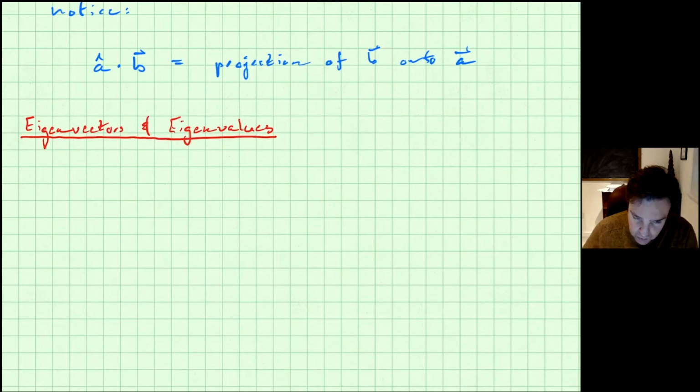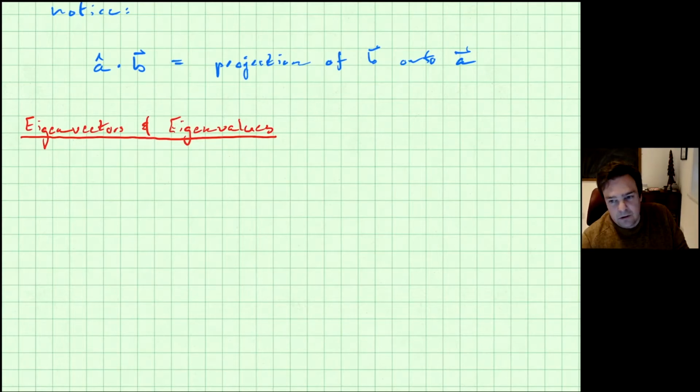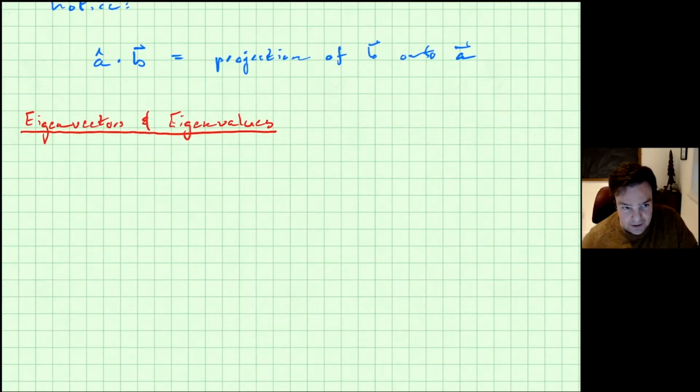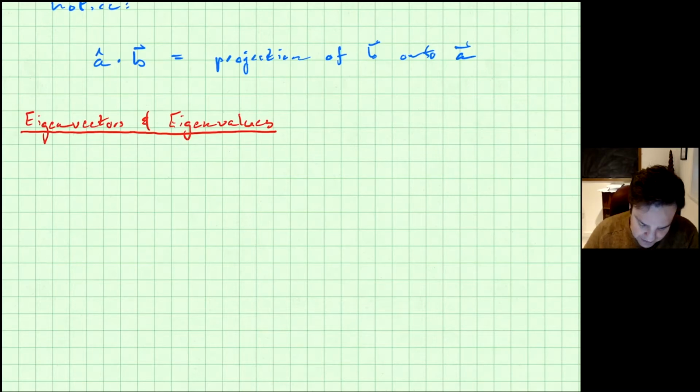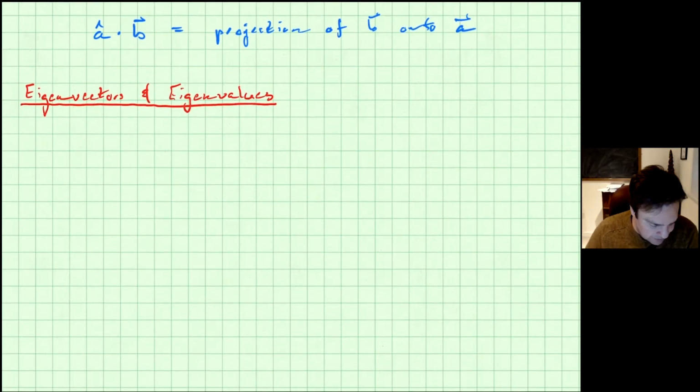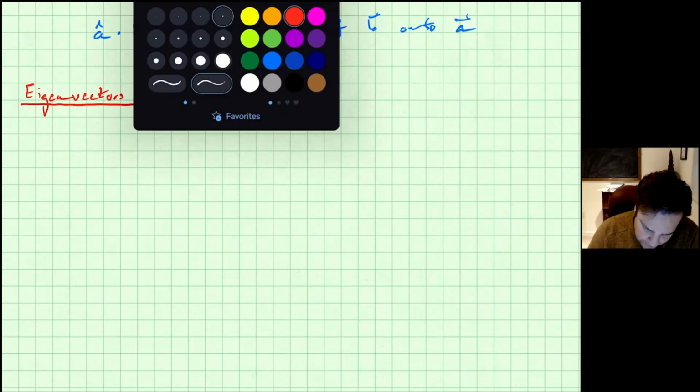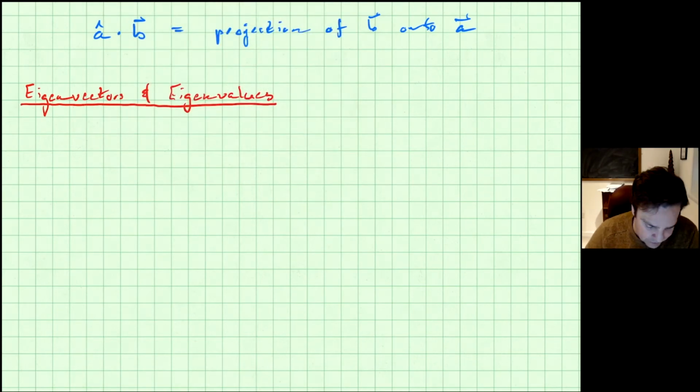It means own, like my own shoes, or meine Eigenschuhe, something like that. I don't know, my German is pretty bad. But eigen means own, and eigenvector means own vector, and eigenvalue means own value. And these are things that are associated with matrices.